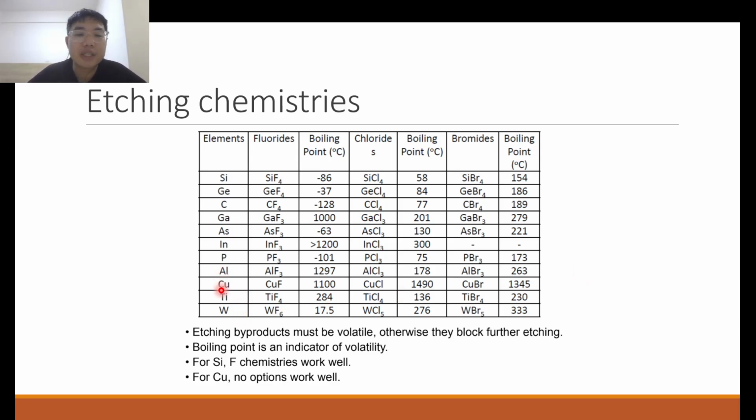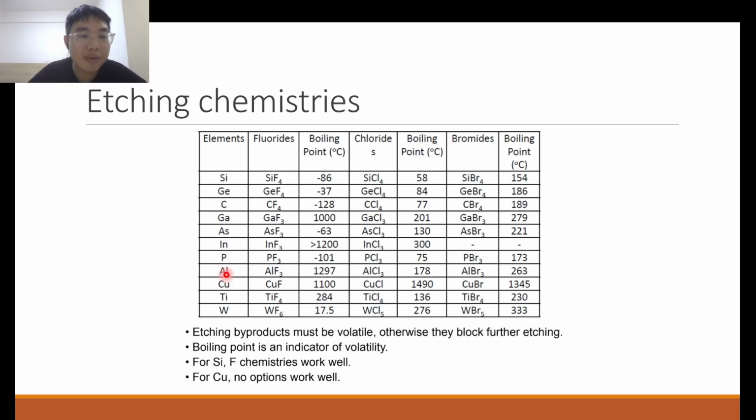However, if you see copper, all of the copper halides, chloride, bromide, they have a very high boiling point and they're effectively not volatile. So that's why in the past few decades there's been a change from using aluminum to copper as your metal of choice in semiconductor wafers.